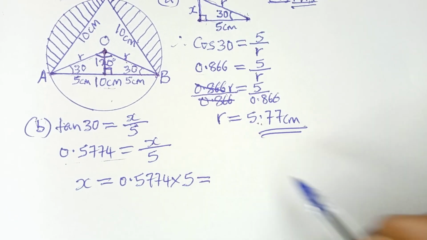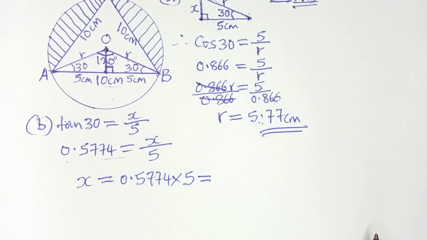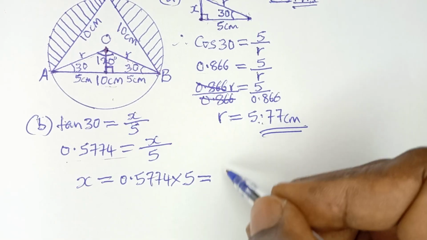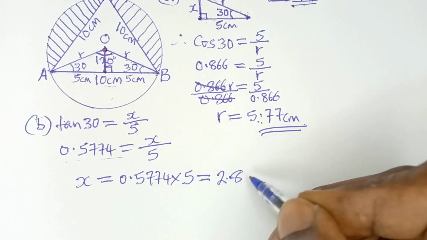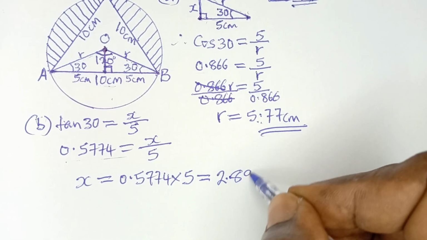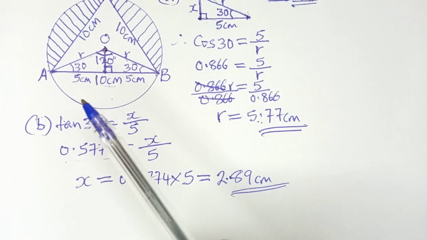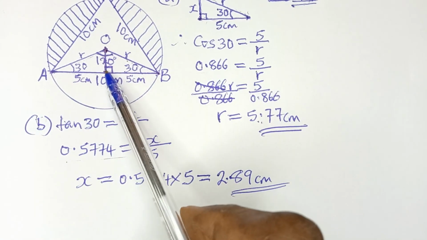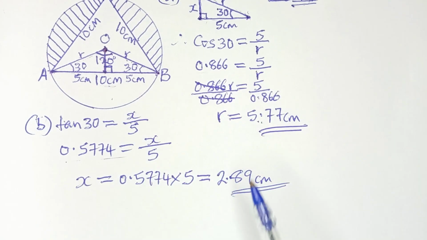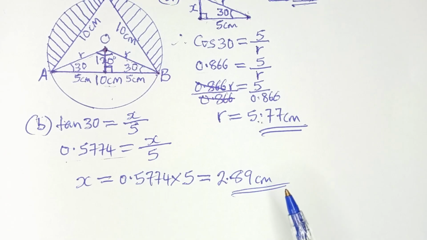And that will give me the distance of the chord AB from the center of the circle as 2.89 centimeters. So the distance of the chord AB from the center of the circle, which is this distance, is equal to 2.89 centimeters. So that is that part now.